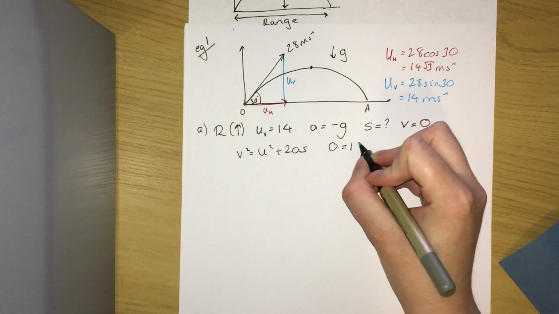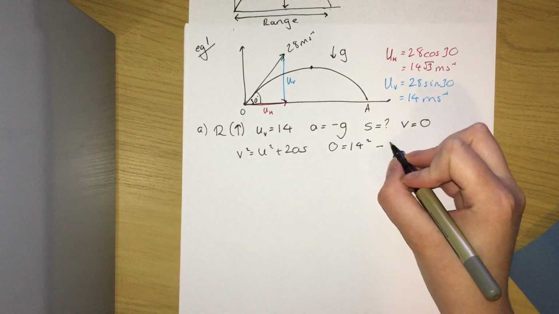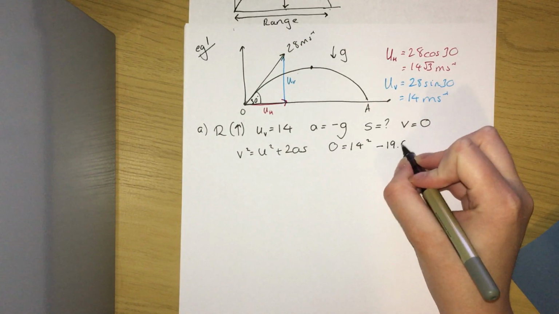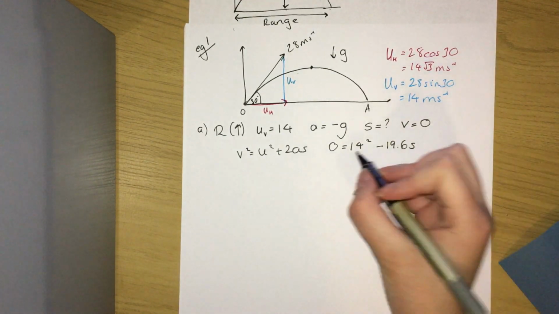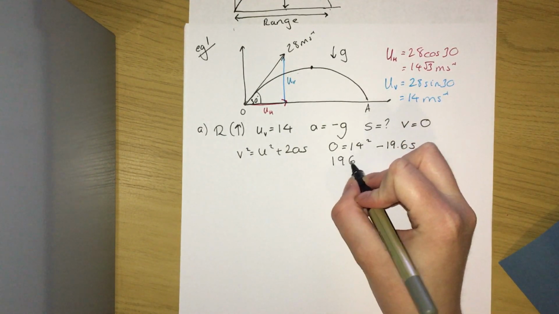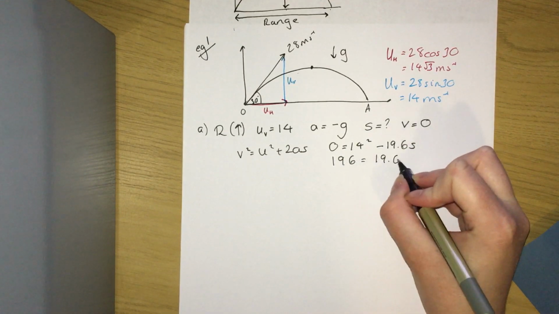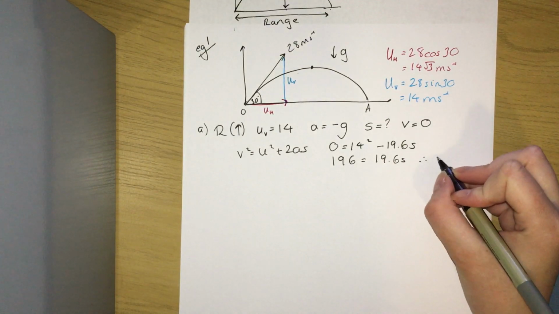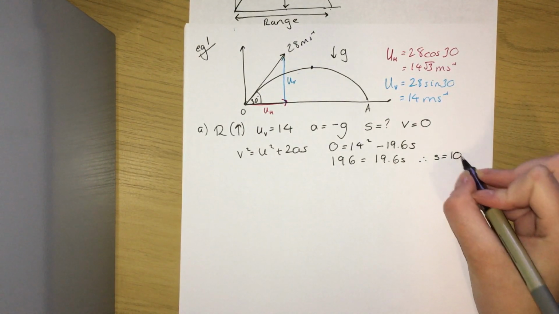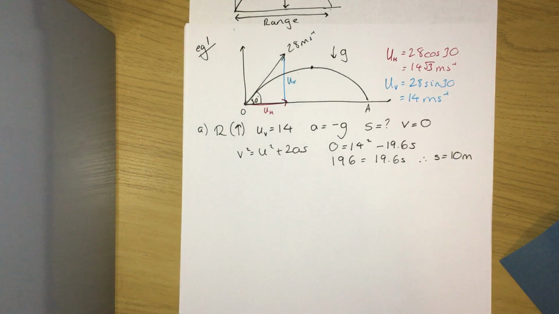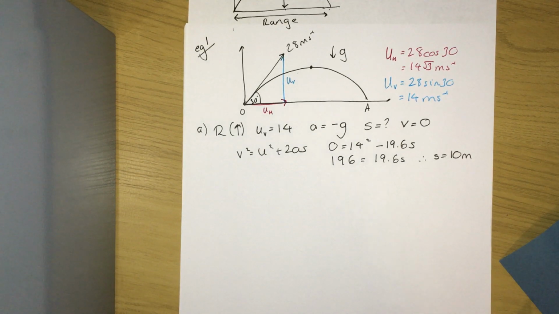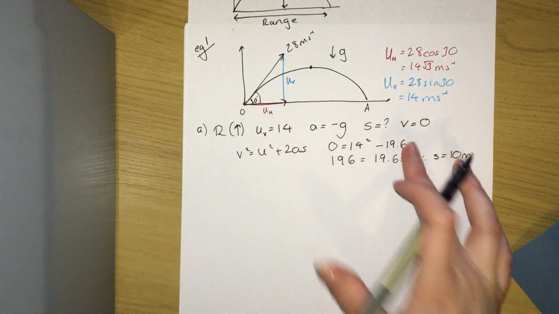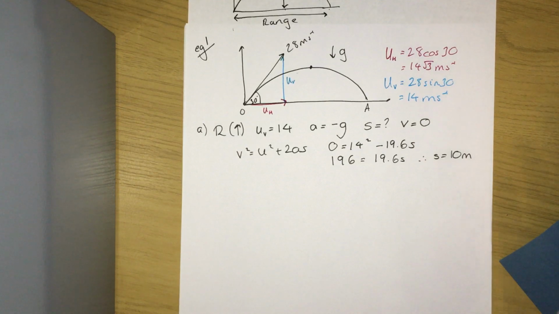So 0 is equal to 14 squared minus 2 lots of g, so 19.6 S. So 196 is equal to 19.6 S, because 14 squared is 196. So therefore, the maximum height reached by the particle is 10 metres above the plane. So when you know what aspects it is you're finding, the actual problem itself isn't too challenging.